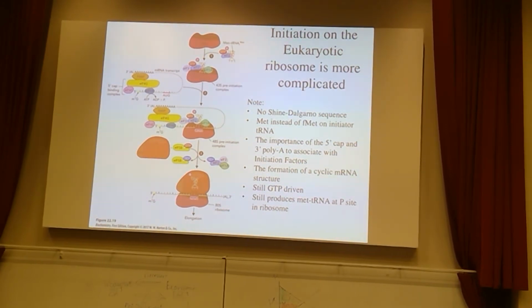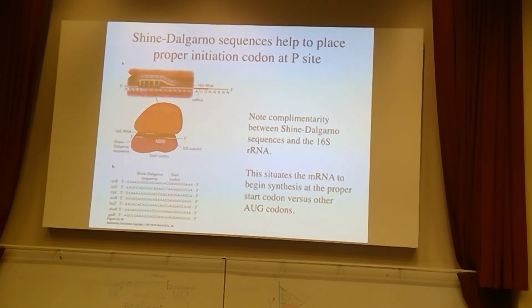In the case of prokaryotic ribosomes and translating proteins, does that mean that every mRNA has this Shine-Dalgarno sequence, no matter what, like they all have it? Right. So the question is, does every mRNA have a Shine-Dalgarno sequence?